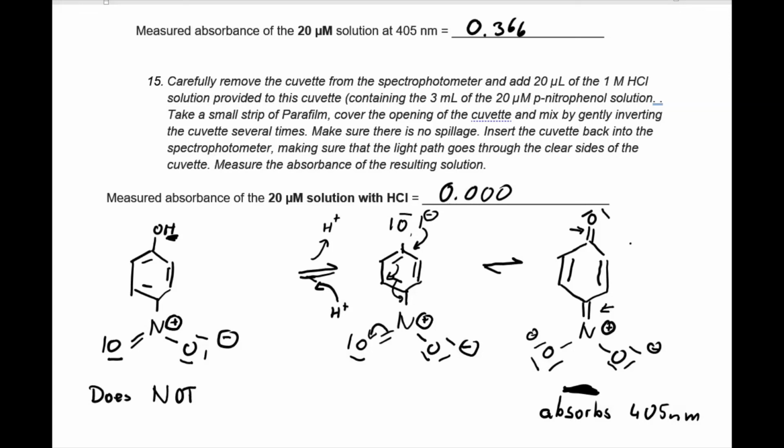Because we need these double bonds here, here, and here for the absorbance. We cannot form these double bonds here, and therefore this molecule simply does not absorb the light. And that is what you should see, and how you explain that the absorbance goes down dramatically when we add acid. So I hope this makes sense, and you understand better the calculations that were required for this practical. Thank you very much for watching, and enjoy the rest of the practicals.